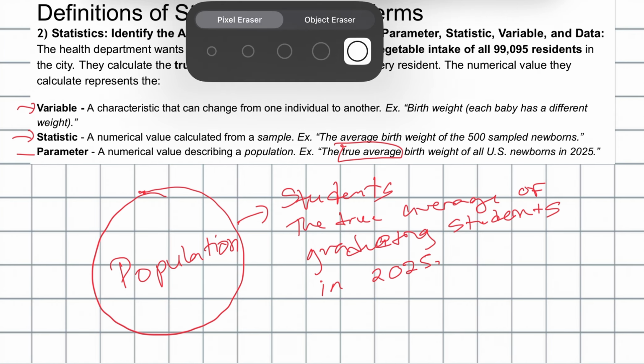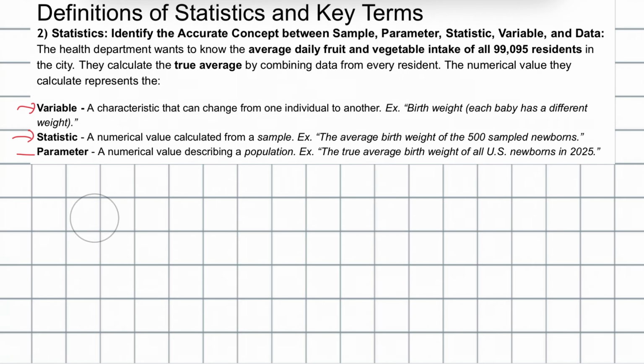So, okay, now that we understand each portion, right, we can read this problem and make the determination. So the health department wants to know the average daily fruit and vegetable intake of all 99,095 residents in the city.